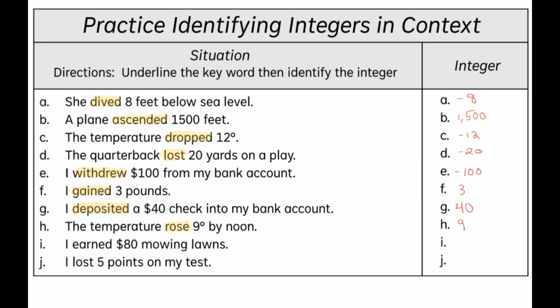Keyword here is earned, meaning this will be a positive situation. Our answer is 80. Last one. I lost 5 points on my test. Lost is your keyword. Lost 5. So that integer would be a -5.